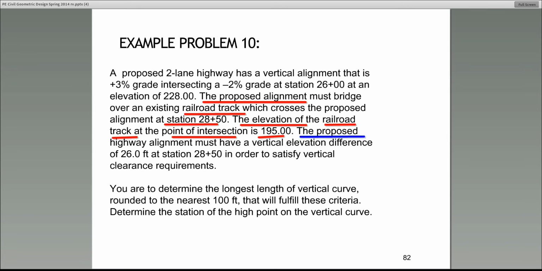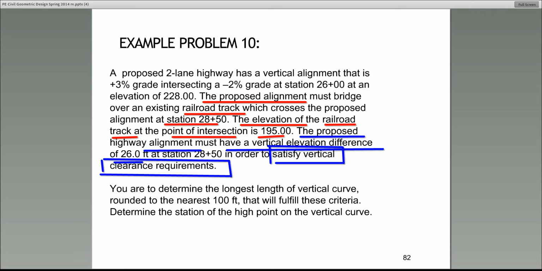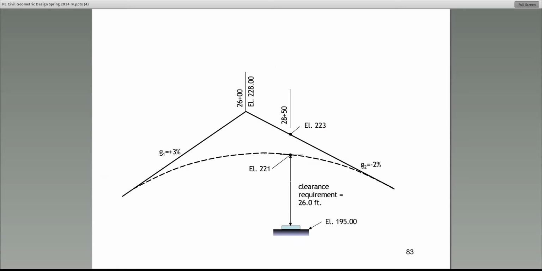The proposed highway alignment must have a vertical elevation difference of 26 feet at station 28 plus 50 in order to satisfy vertical clearance requirement. This is your clue, guys. It says to satisfy vertical clearance requirements. And you can read the statement of the problem later with more care, but that problem reduces to this.